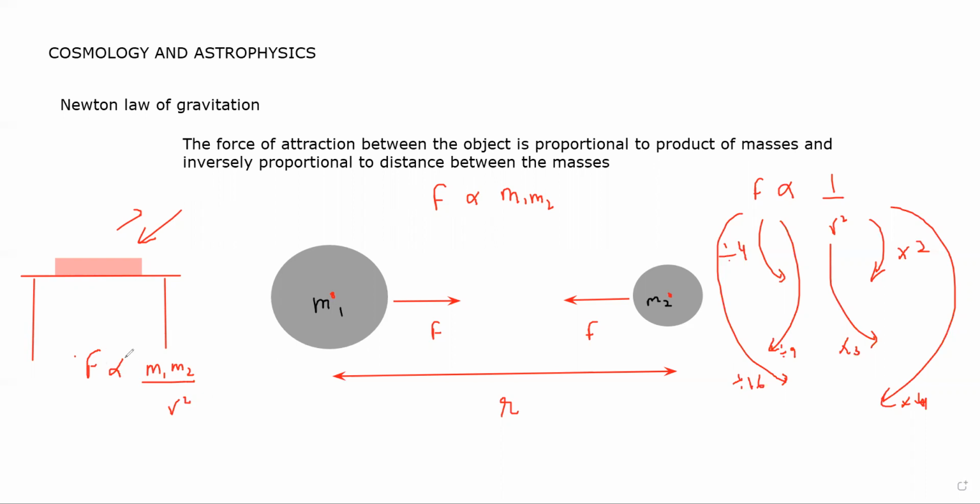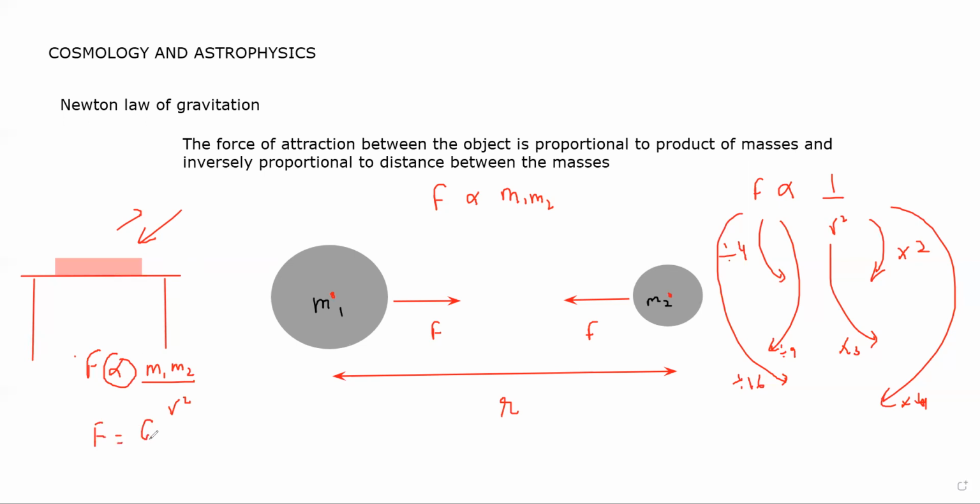Whenever we replace this proportionality sign, because this is a mathematical expression and if we want to make an equation it must be balanced on the left and right hand side, we always replace it with an equal sign and a constant.